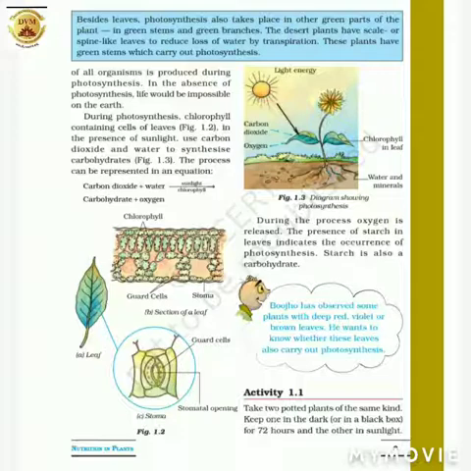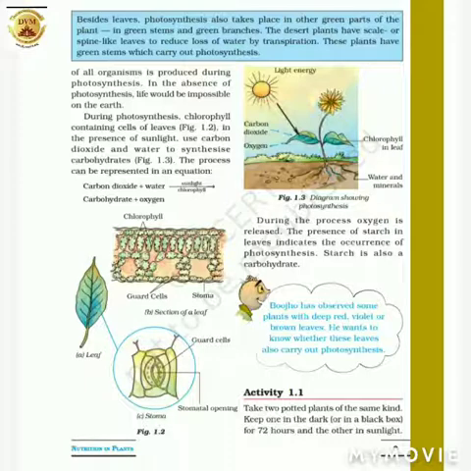The survival of almost all living organisms directly or indirectly depends upon the food made by plants. Besides, oxygen, which is essential for the survival of all organisms, is produced during the photosynthesis process. In the absence of photosynthesis, life would be impossible on the earth.